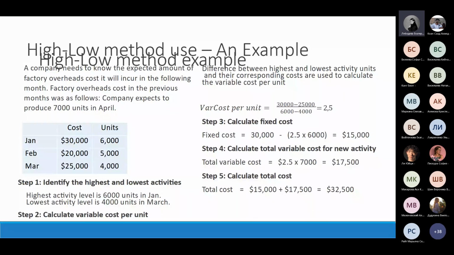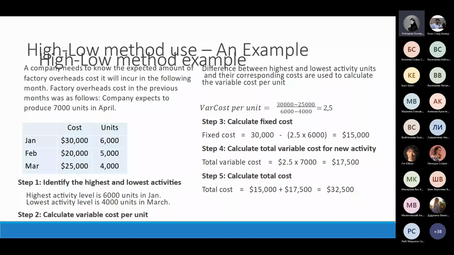Then we apply this variable cost per unit to the highest level of activities. So we multiply 2.5 by 6,000 and subtract from the total cost. And the difference would be the fixed cost for the period, which is assumed to be equal for each period.